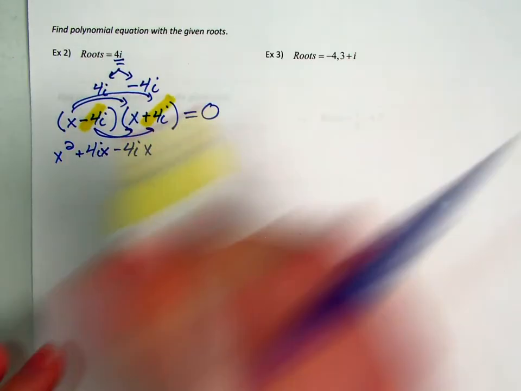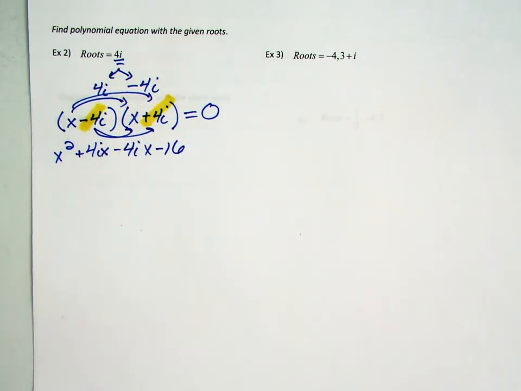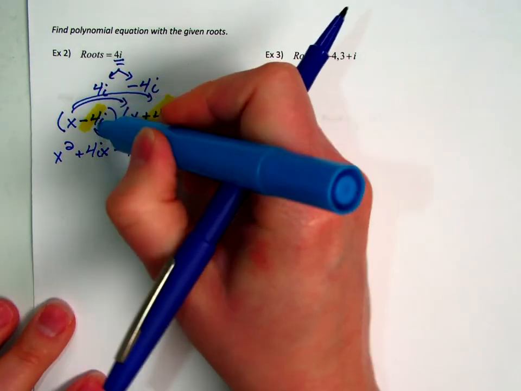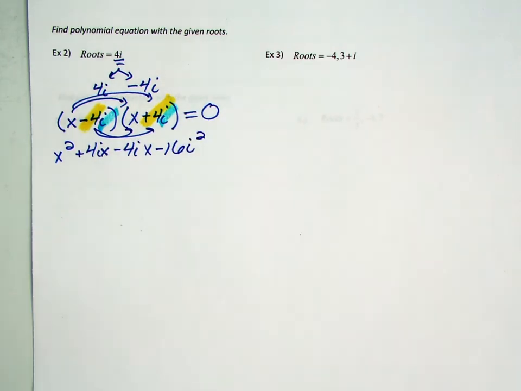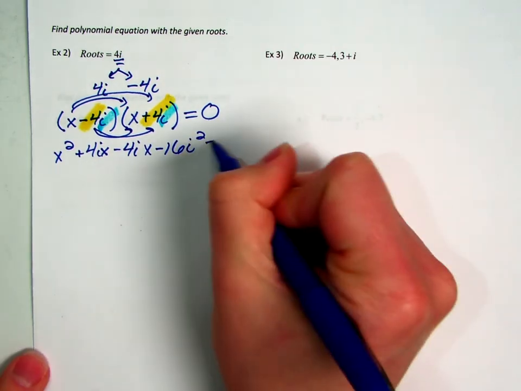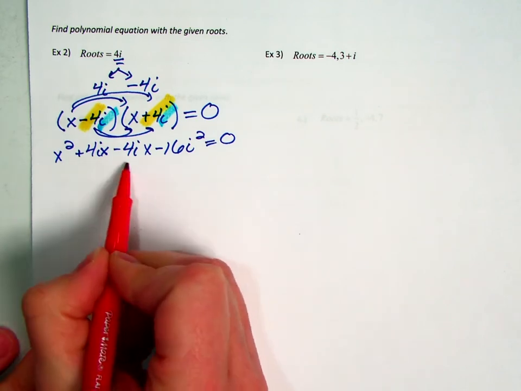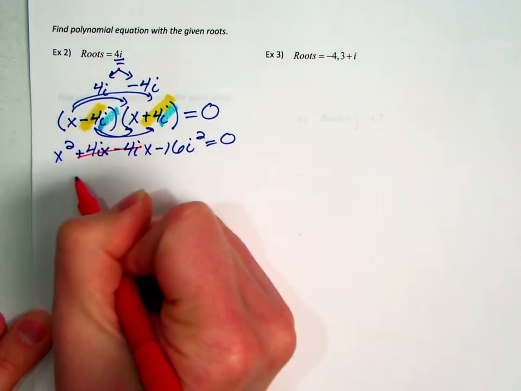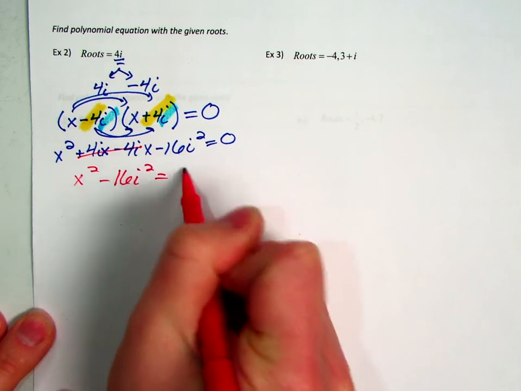You do negative 4 times positive 4, which is negative 16, and you also have to consider that you're doing i times i, which is i squared, equals 0. When you first look at this, most of you will say the middle terms cancel each other out, giving x squared minus 16i squared equals 0, which is great.